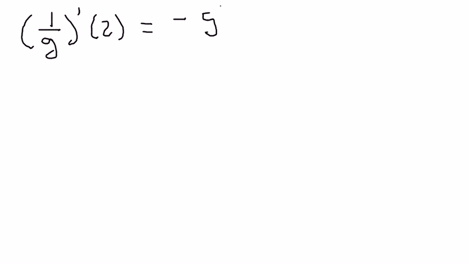Continuing on, we'll use those same values, so keep those down in your notes. Let's say I had something like (1 over g) prime at 2. And this would be our reciprocal rule. So what it's going to be is negative g prime of 2 over g of 2 squared. Now go ahead and plug in those numbers.